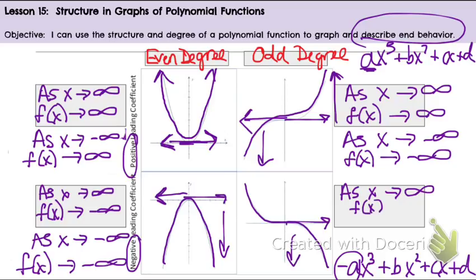You fill that part out. And then as x goes to negative infinity, you need to fill out what f of x will do. Okay? I think you guys get the gist by now. All right. So pause the video if you need to catch up on this, and then we're going to move on to exercise number 1.